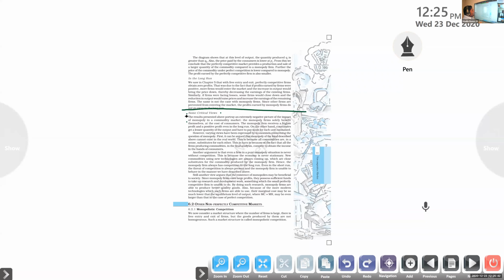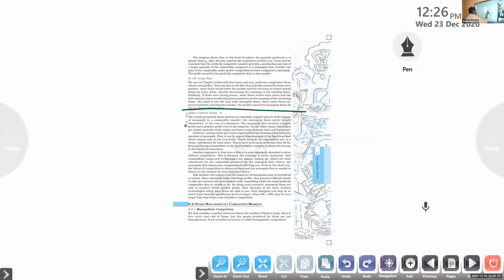So monopoly always creates more profit for the firm. The monopoly firms only benefit themselves. The monopoly will create profit for the producers only. There is no benefit for the consumers.